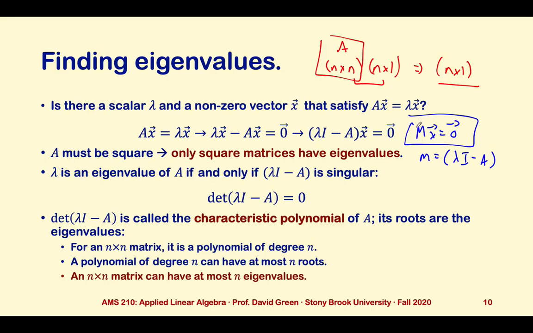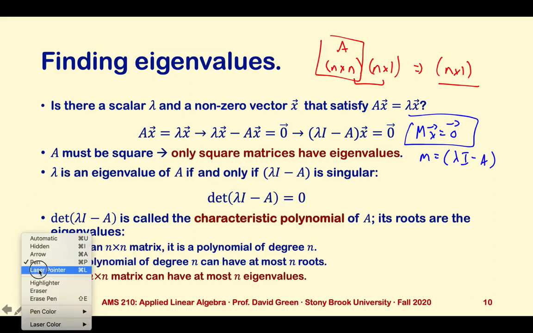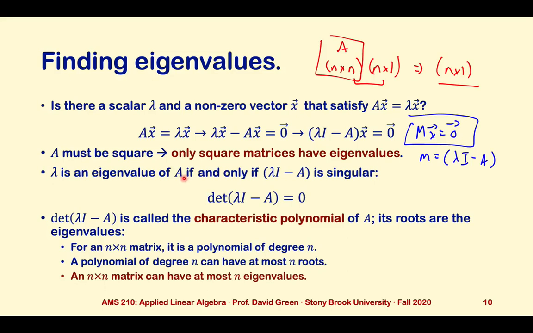If M is singular, then this will have many solutions along a line, on a plane, or so on. This gives us a criterion for evaluating whether something can be an eigenvalue: lambda is an eigenvalue of A if and only if this matrix, lambda I minus A, is singular. If it's non-singular, this system only has the zero vector as a solution.